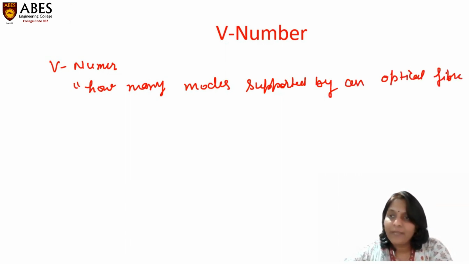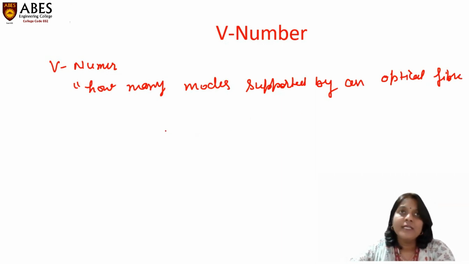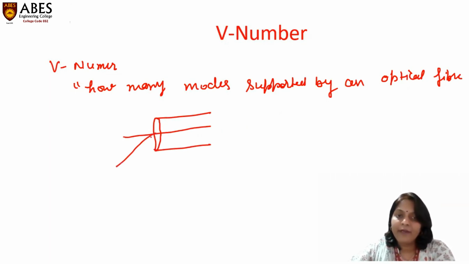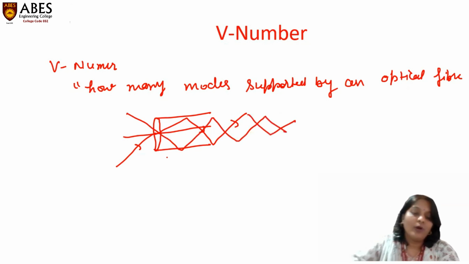In an optical fiber, we can send a single information, or we can send multiple information. It depends on many factors whether only a single information propagates inside the optical fiber, or multiple information can also be carried. So the V number defines whether this optical fiber is single moded or multi-moded.